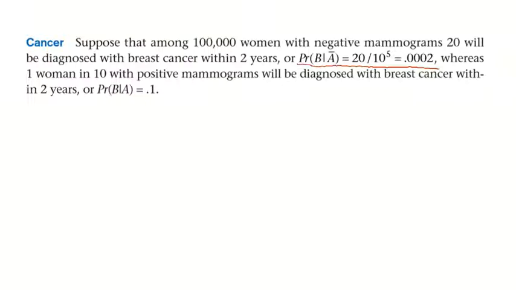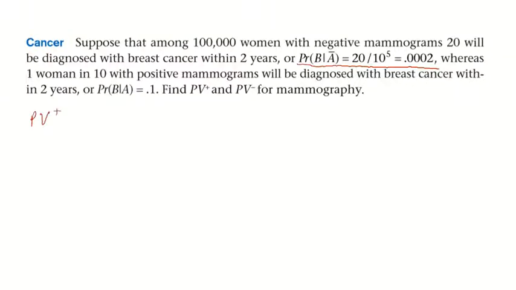Whereas 1 in 10 women with positive mammograms will be diagnosed with breast cancer in the next 2 years. So the question here is, what is the predictive value positive and predictive value negative for mammography?